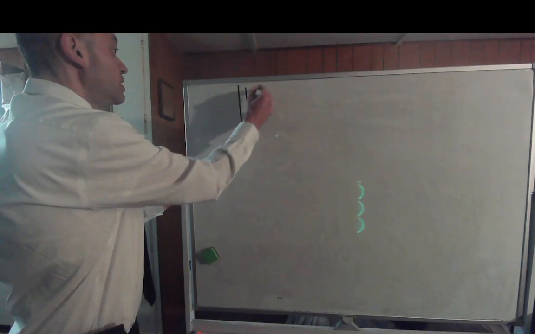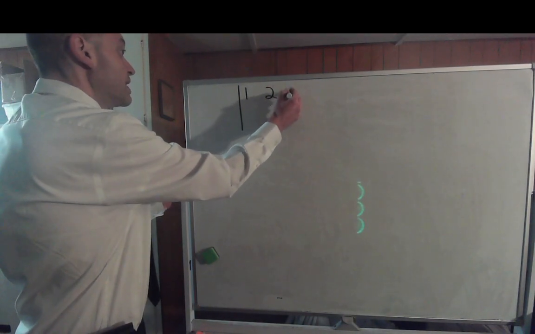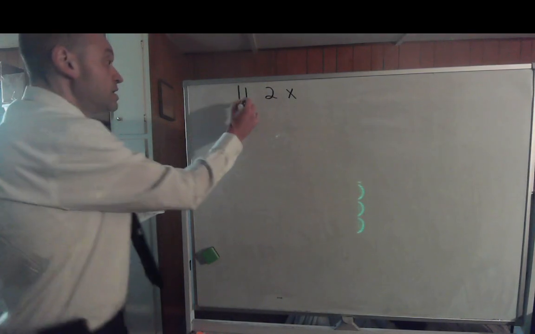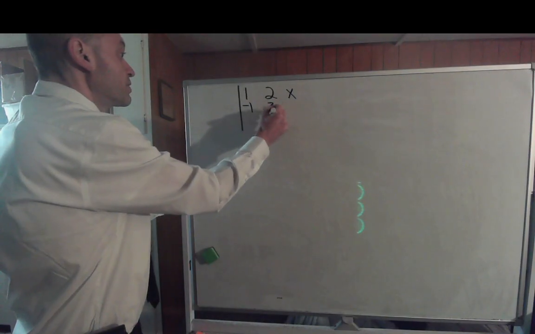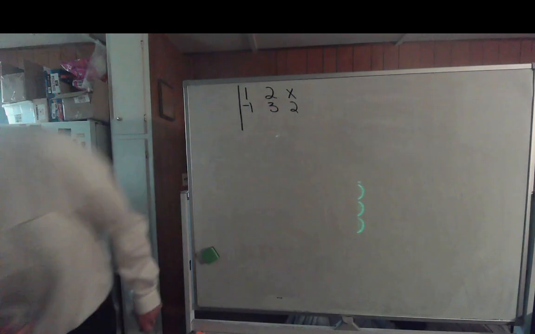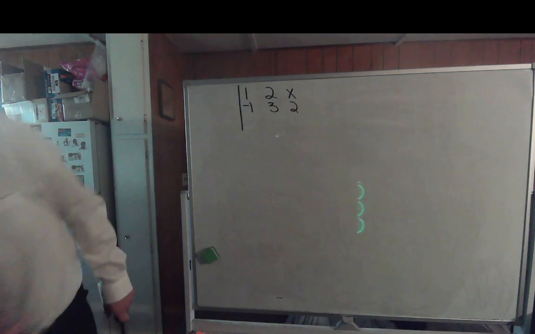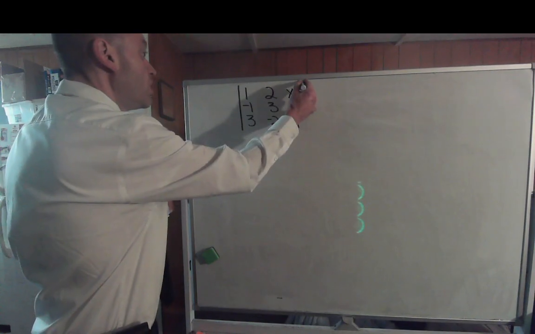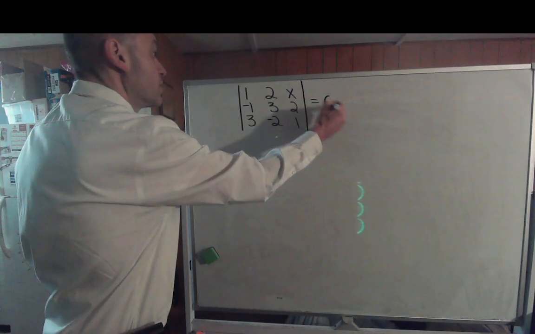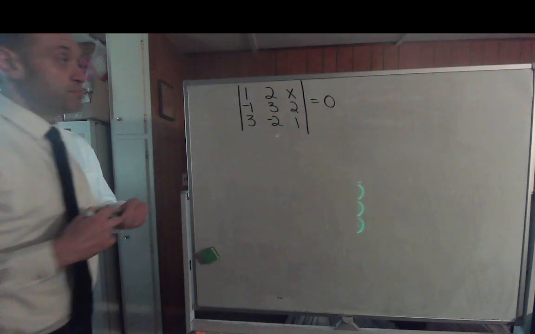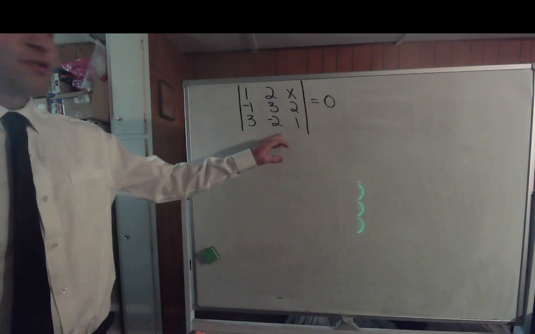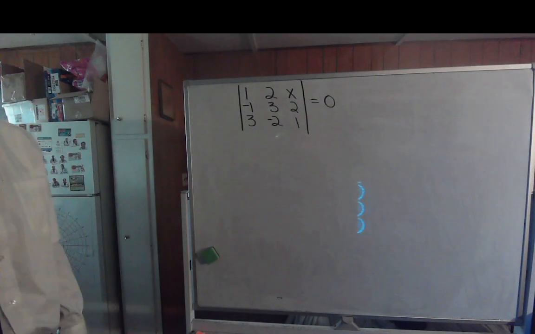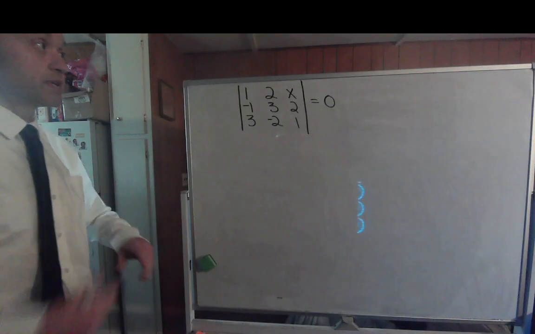You'll have 1, 2, and x; -1, 3, 2; 3, -2, and 1. All that is equal to 0. The bad news is we don't have any 0 entries in this determinant, so we're going to have to stick this out and just go through the multiplication.